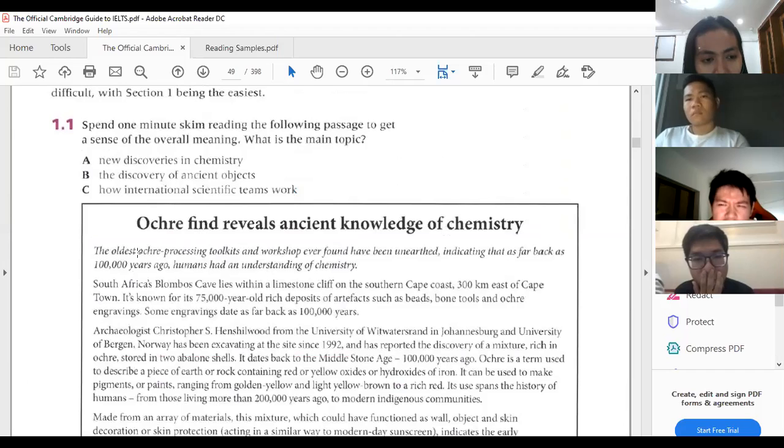Okay. So the oldest ochre processing toolkits and workshop ever found have been unearthed. Does everyone agree with May's answer? Toolkits and workshop are those artifacts. May got her answer from the top right here.